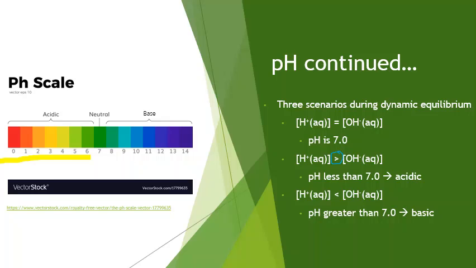So therefore, just think of these numbers as the opposite of what you'd normally think. So if the numbers are going down, that means the amount of hydrogen atoms is going up. And the opposite is true on this side. If the hydroxide atoms are going up, then the hydrogen atoms are going down. So in this case, when you're talking about an acid here, the pH is less than 7, and that's what makes up the acid.